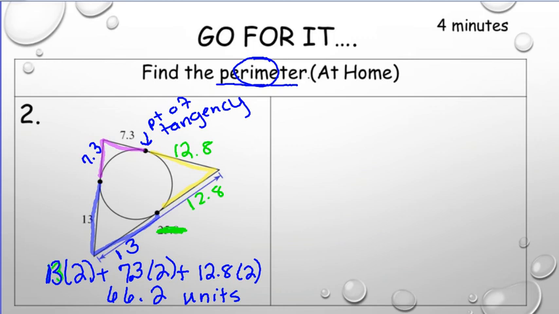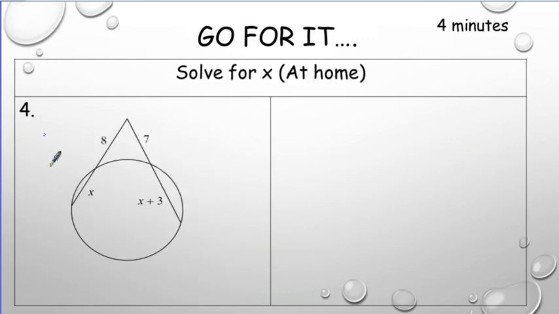Let's go along. So here's another one. Here, number 4, you have to notice what type of lines you have. I have a secant here, and it's a secant because it intersects the circle twice. And this over here on the other side is also a secant because it intersects the circle twice.